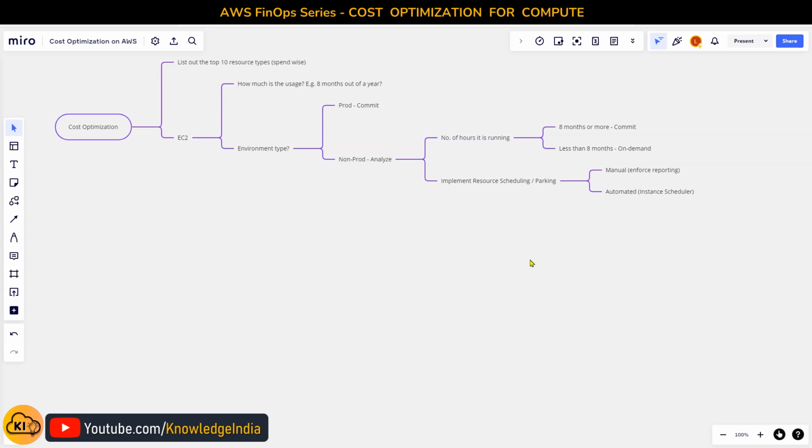For example, EC2, RDS, any other type of databases which are node based, right? For example, you don't need to implement any resource parking in case of DynamoDB, right? Because DynamoDB is a fully managed database, you are not responsible for its compute separately, or basically there's no node running all the time just for you. It's not that way, right?